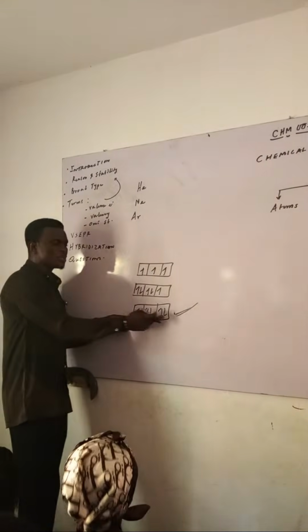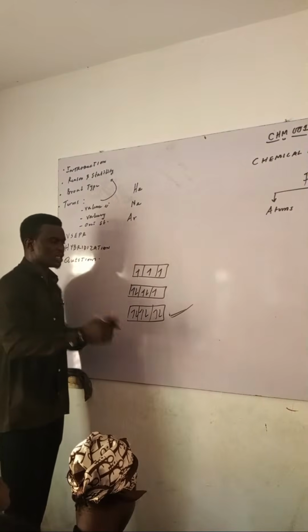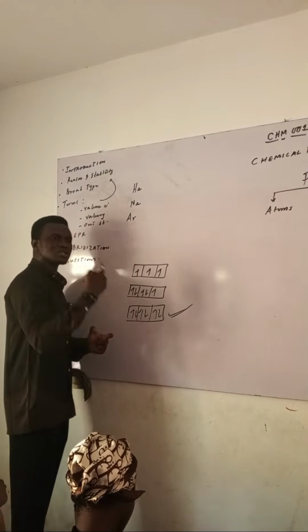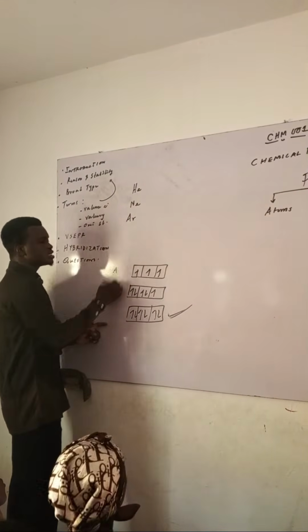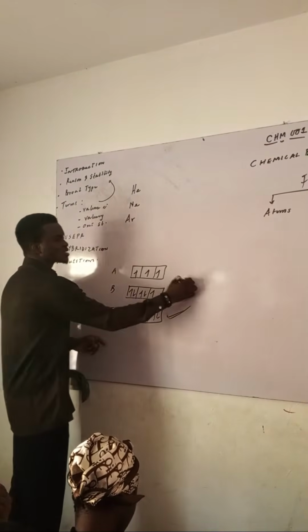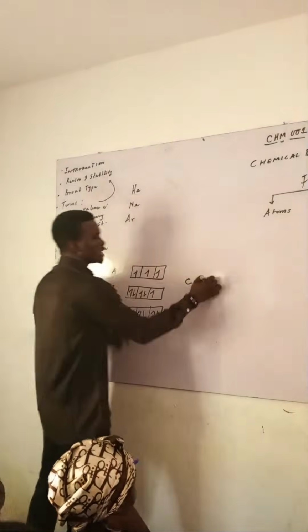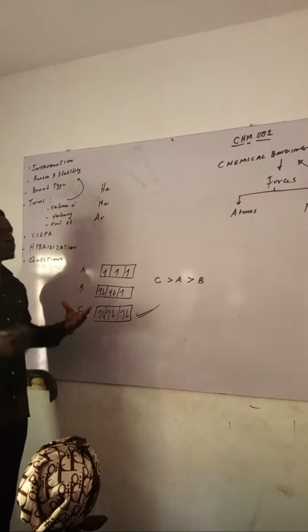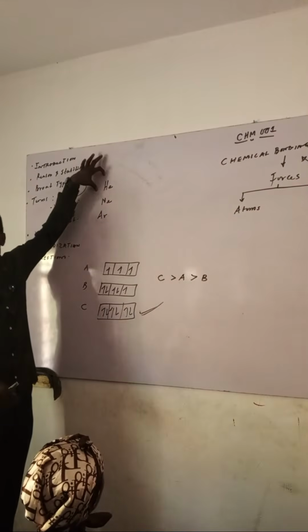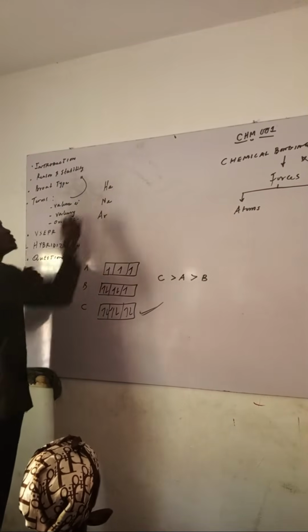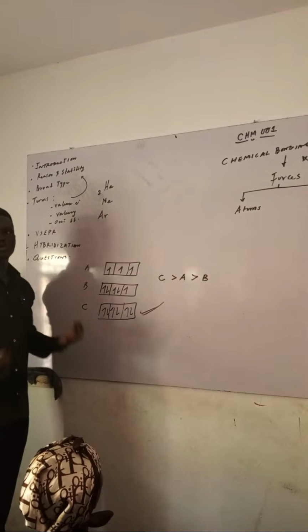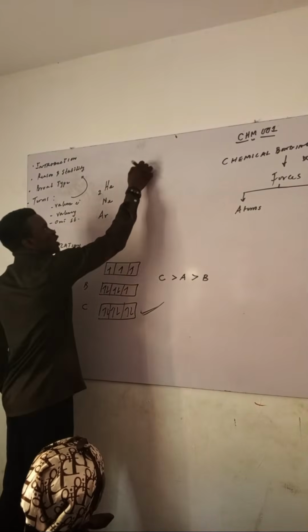So anytime your orbital is completely filled, such orbital is said to be what? Stable. So if I'm arranging this now, then I'm going to say that C is more stable than A and than B. Now, let's look at the configuration of helium. The atomic number for helium is 2, and that means it is 1s2.